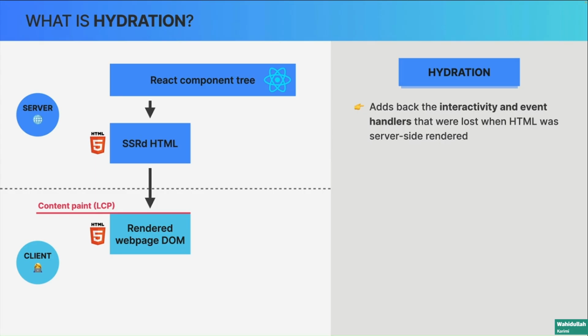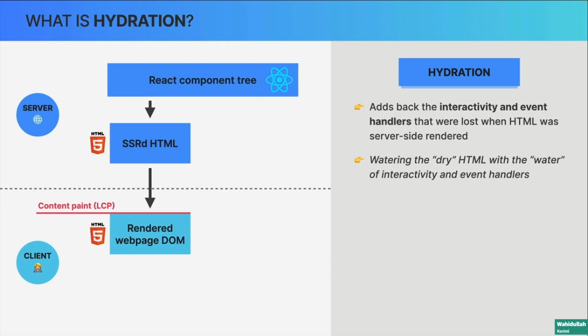So that's why we need hydration, to give back that interactivity to our rendered HTML web page. And the perfect analogy here is that hydration is like watering the dry HTML or the dry DOM with the water of interactivity and event handlers. Essentially, the idea is to make the rendered web page work exactly like the React app that we started with.